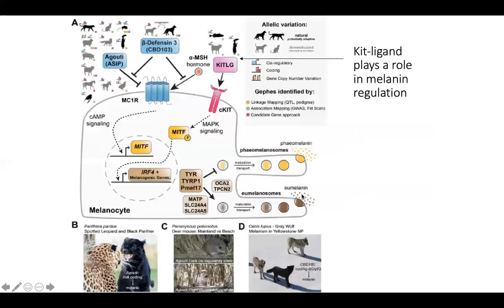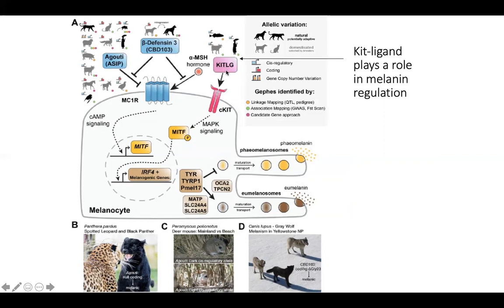And KIT ligand is part of a whole system that influences the deposition of pheomelanin, light pheomelanin versus dark eumelanin, in the hairs of mammals. And we already talked with regards to the squirrels about this system here, agouti, MC1R, and then further downstream molecules, mechanisms and proteins that result in either expression of pheomelanin or eumelanin.